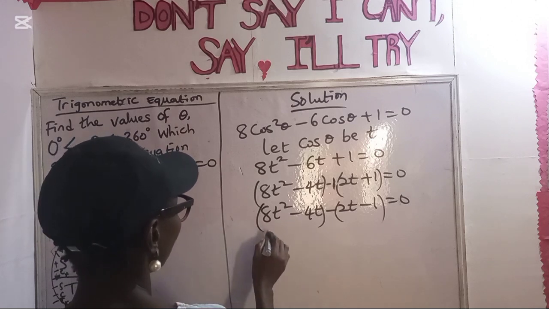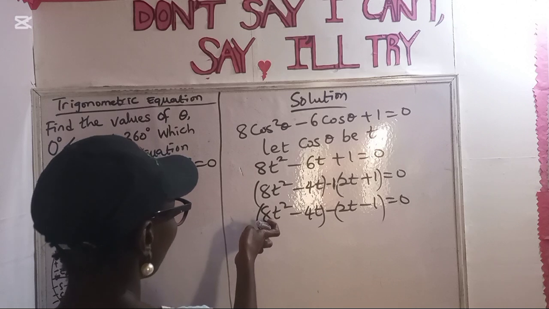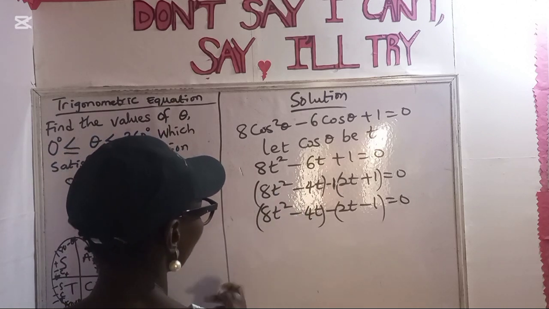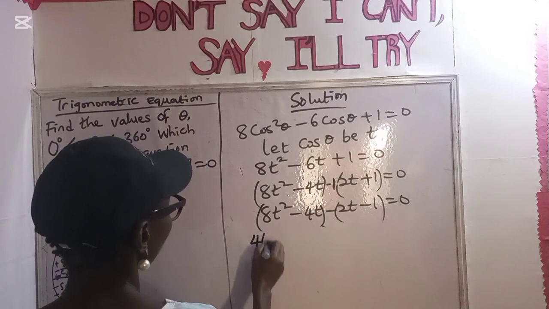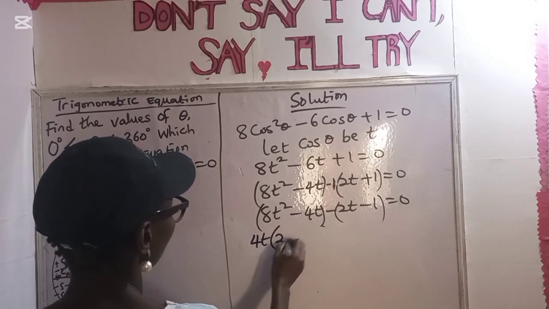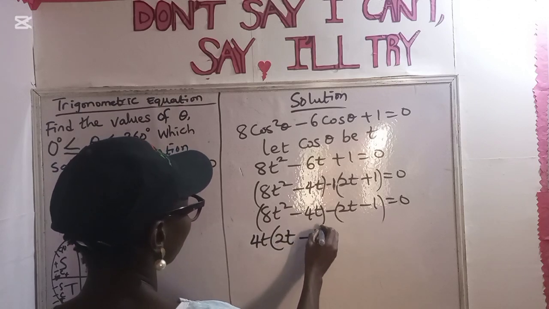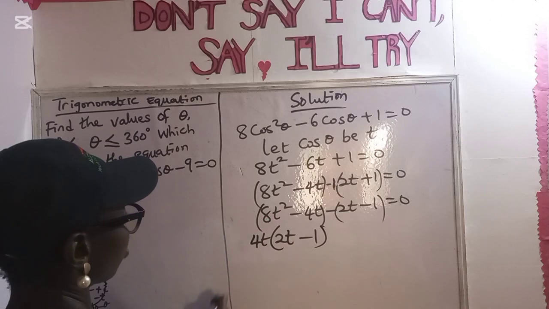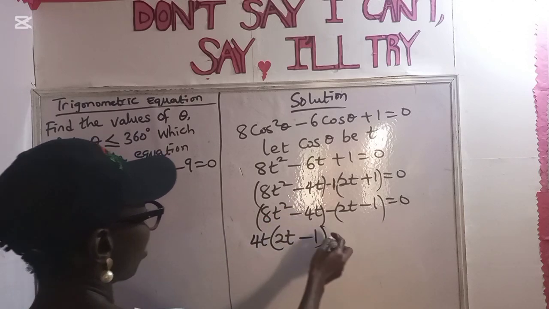We are saying which number, when you multiply, will give you 8t squared, and we have 4t. Which number? We need to think very well. It is 4. So 4t bracket 2t minus 1. So 4t times 2t will give us 8t squared. 4t times minus 1 will give us minus 4t.